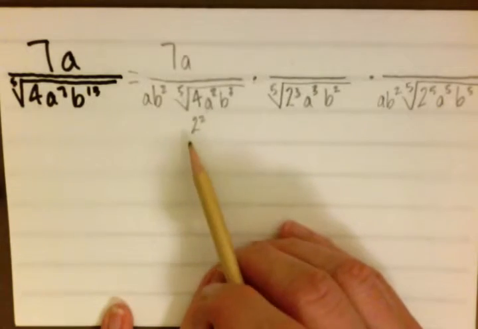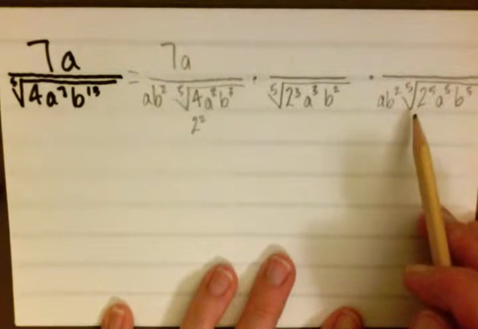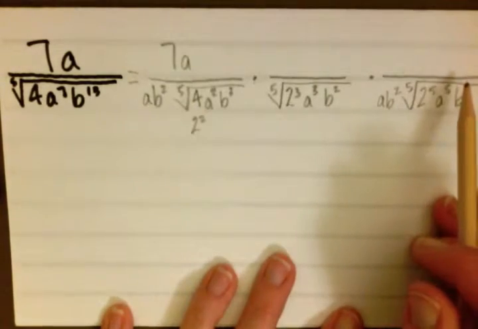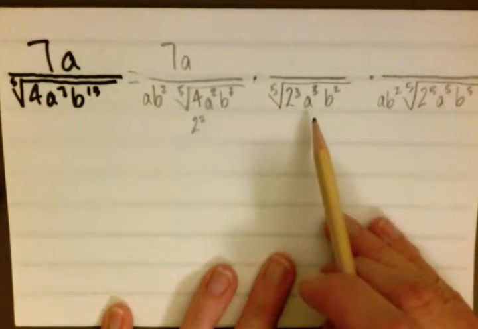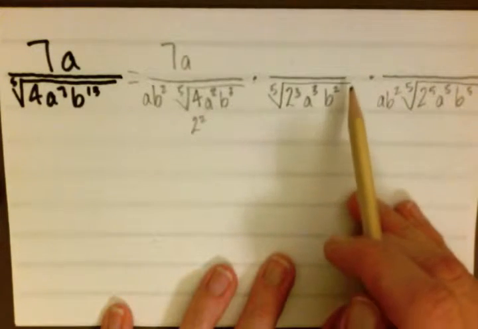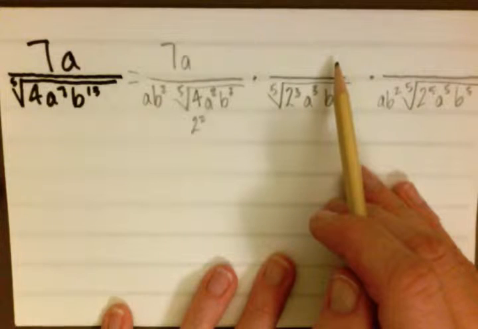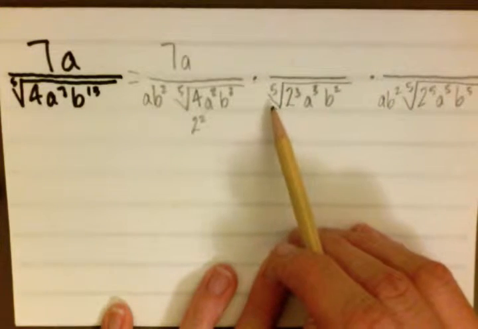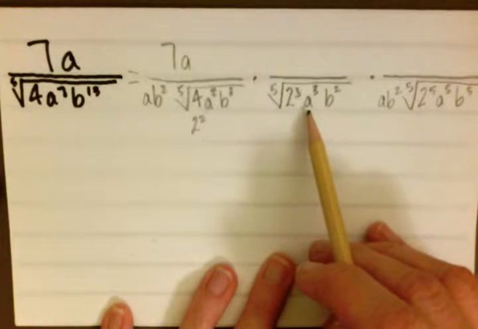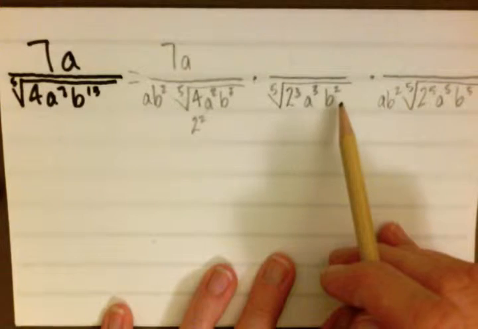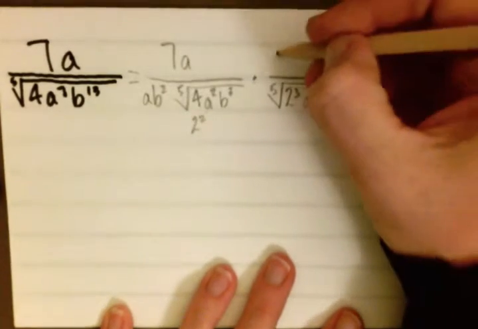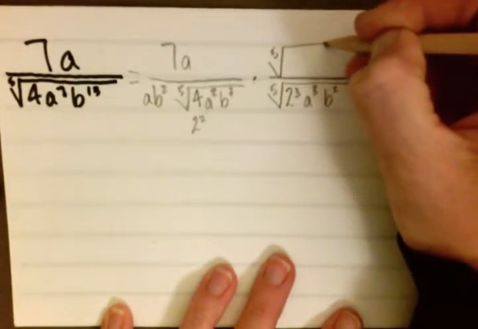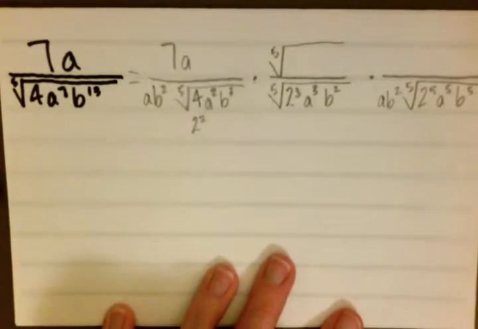I'm going to go ahead now and pause on the denominator and work a little bit on the numerator. Remember that whatever we do to the denominator, we must also always do to the numerator. So we have to multiply the fifth root of 2 cubed, a cubed, b squared, also in the numerator.